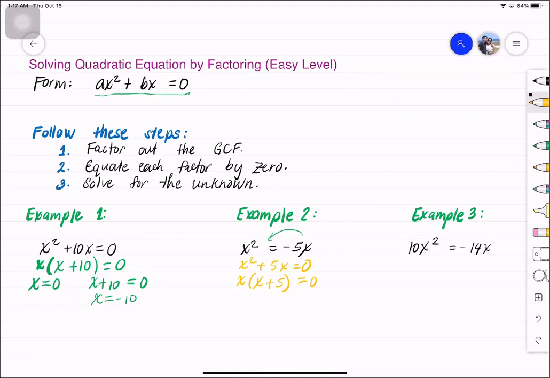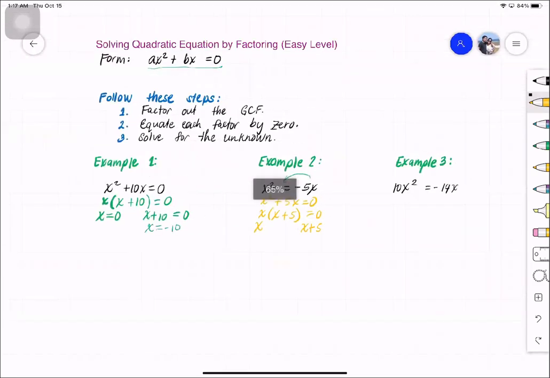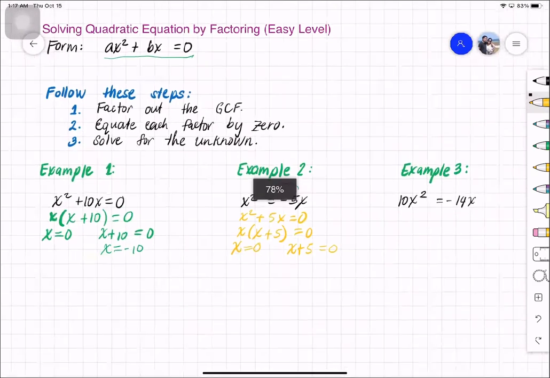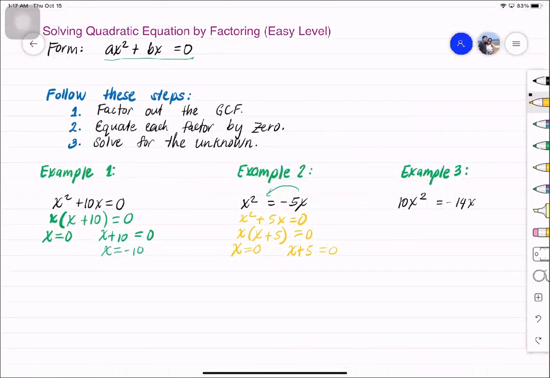Equate each factor to 0. What are the factors? We have x and x plus 5. Equate each to 0. Again, on the one side, x equals 0 is already solved. Now we only solve x plus 5 equals 0 by transposing 5 to the other side. We get x equals negative 5.